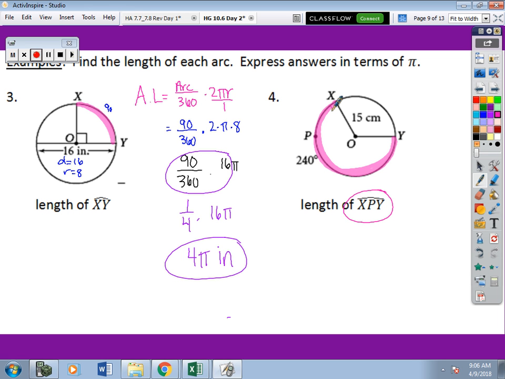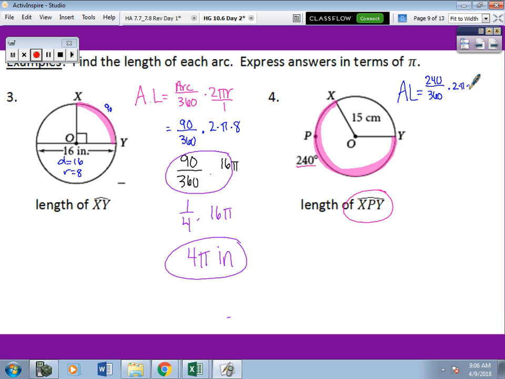Next one, we're looking for the length of arc xpy, which you can tell is a major arc. They actually give you the measure of the arc is 240. So again, we're using our arc length formula, which would be arc, which is 240, divided by 360, times 2, times pi, times the radius, which they tell us is 15.